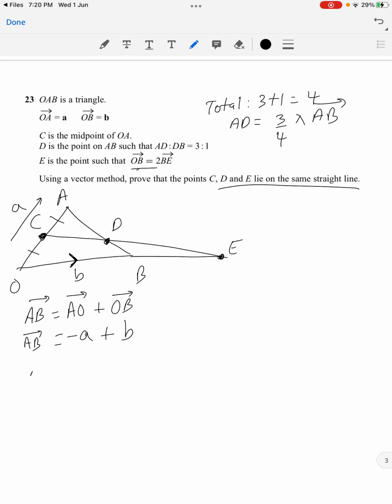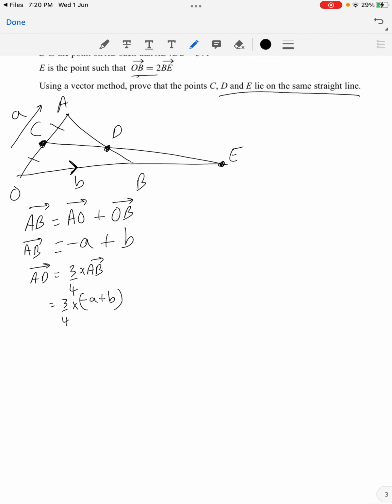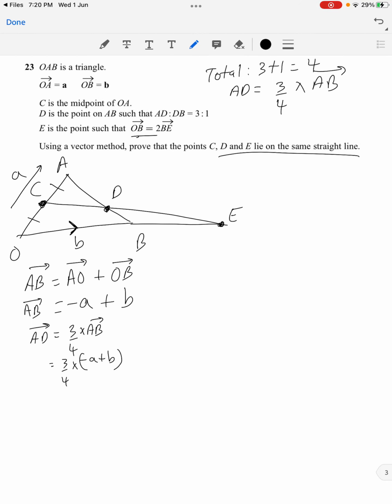So we write down that vector AD is 3/4 times vector AB, and this is 3/4 of minus a plus b in brackets. Opening up the brackets, you get minus 3/4 a plus 3/4 b. We found out what AD is.